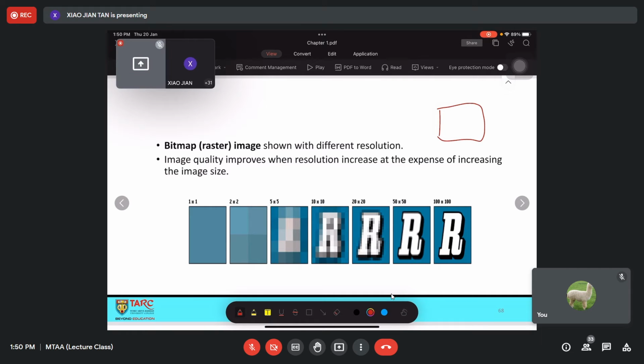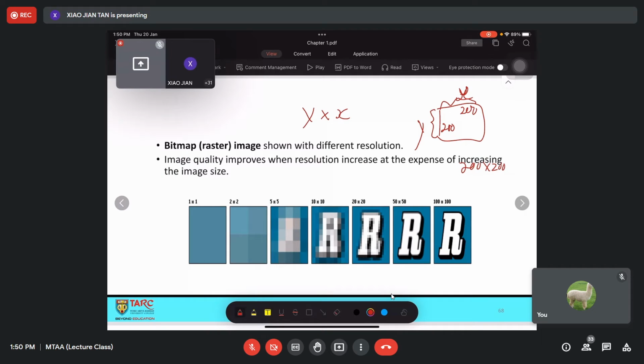Resolution is actually the number of pixels in y and the number of pixels in x. It's like a Cartesian plane, y axis and x axis. So basically, resolution would be y times x. For example, 200 times 200 would be your resolution.